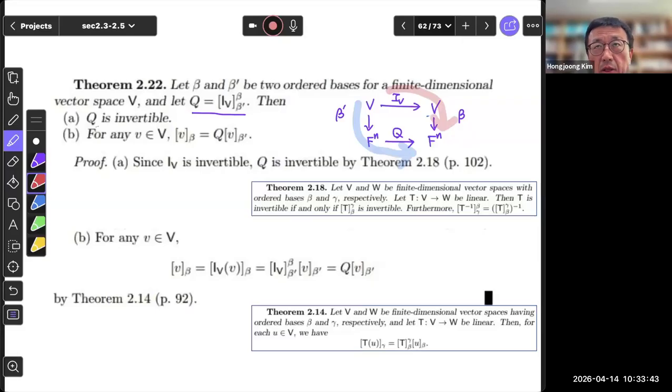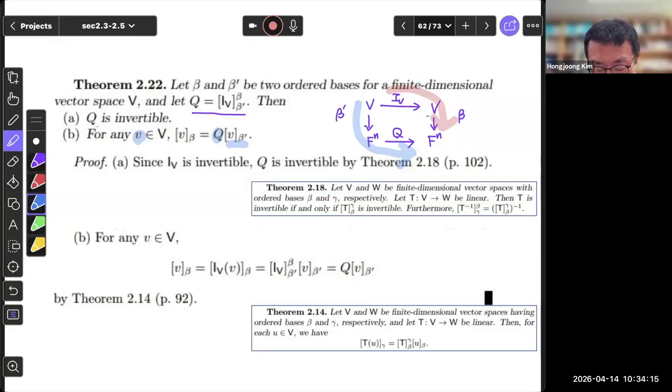If I take the blue path, then given any vector V in the domain, you can find its coordinate with respect to beta prime. Then if you multiply by the Q matrix, you get the coordinate of the image, right?